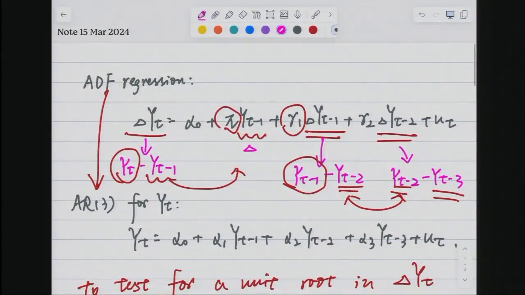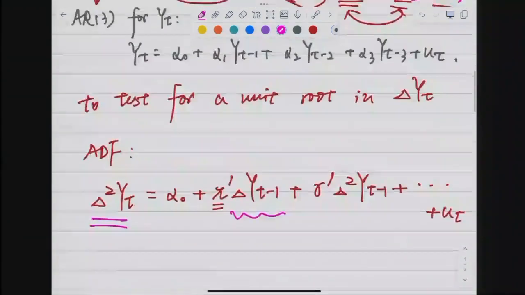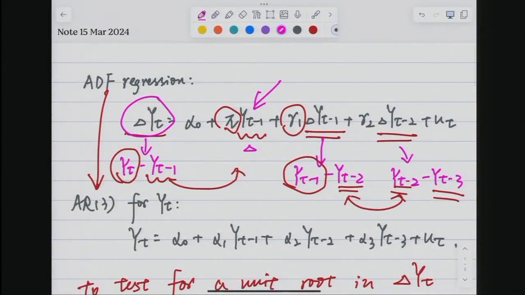Whereas for the ADF regression on the top, we have the first difference as the dependent variable, but pi is multiplied to the level. So this is the ADF regression for testing a unit root in the level. That's the main difference here. So the statement on Padlet is a correct one. That's to quickly wrap up on what we have done so far.